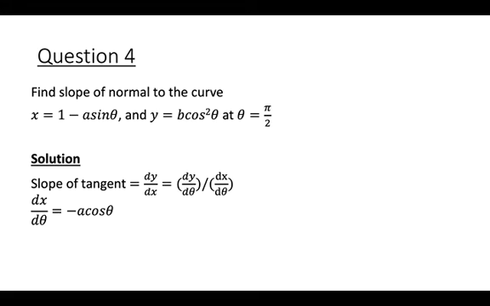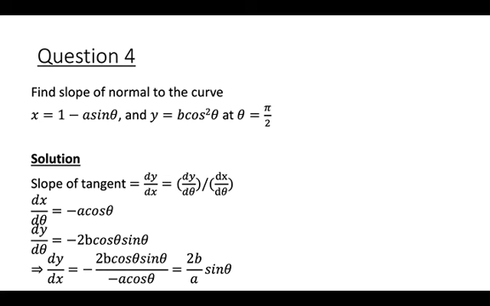Here dx upon d theta equal to minus a cos theta, and dy upon d theta equal to minus 2b cos theta sin theta. Now dy upon dx equal to minus 2b cos theta sin theta upon minus a cos theta, and this equal to 2b upon a sin theta.